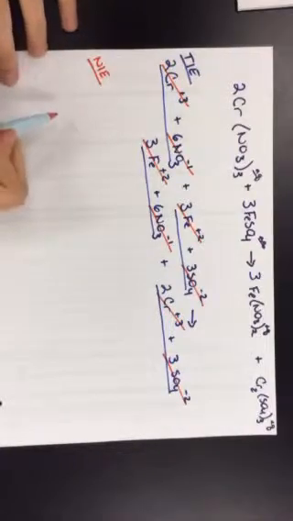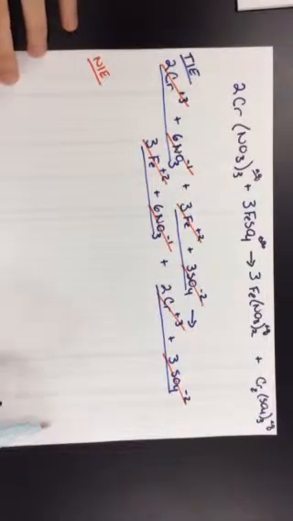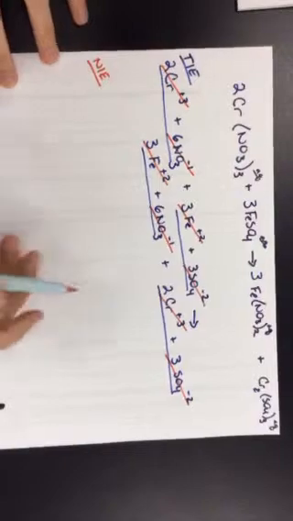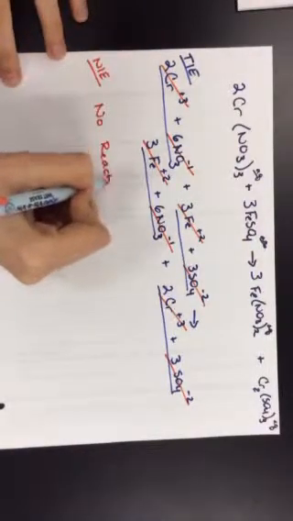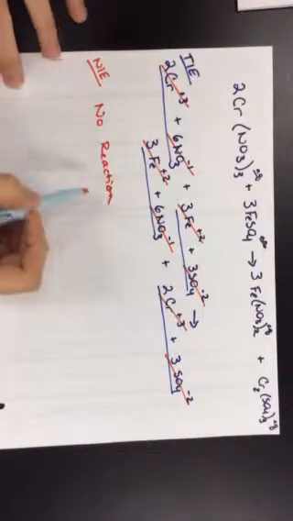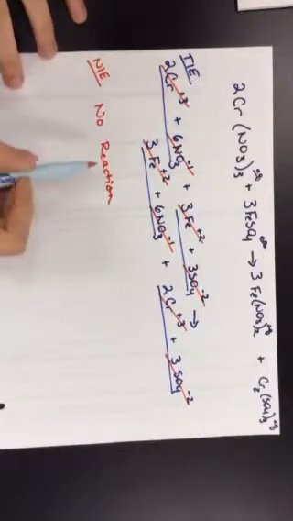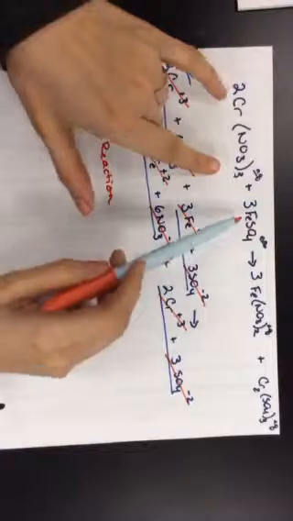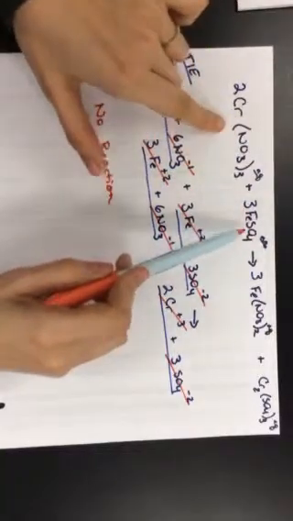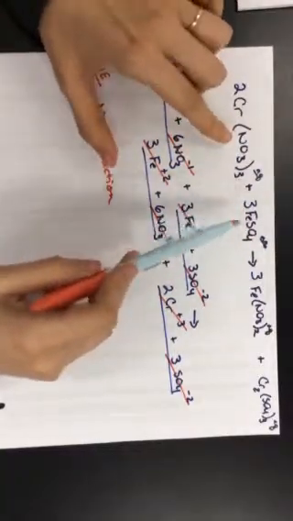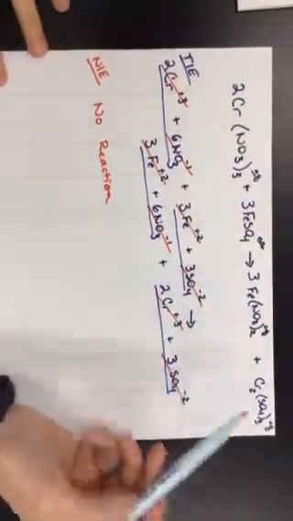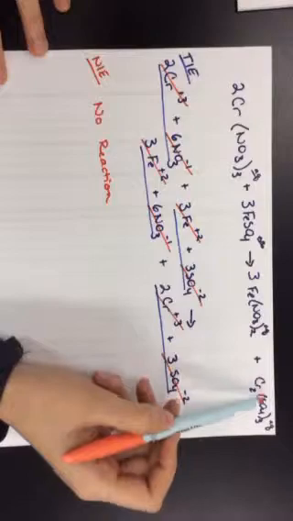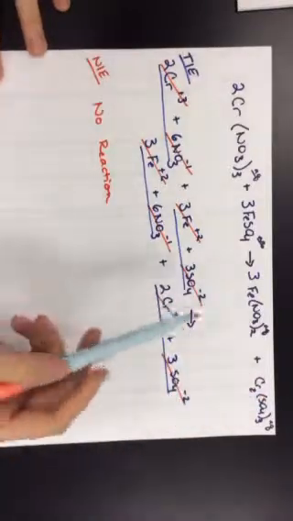So what happens when you have nothing left for your net ionic equation? You write no reaction. And what that means is that there's no reaction visible, right? So you have put these 2 solutions together, and you were hoping for a precipitate, something to come out of solution as a solid, but both of the products are also aqueous.